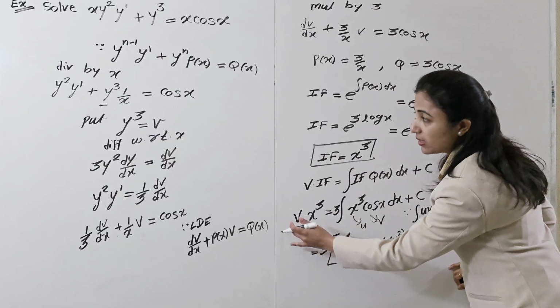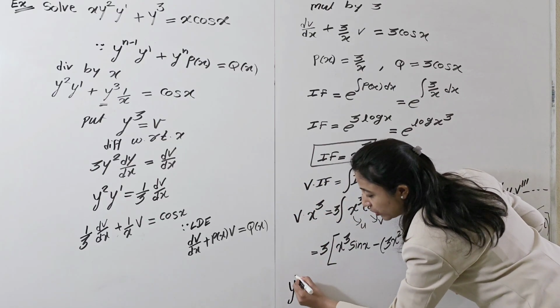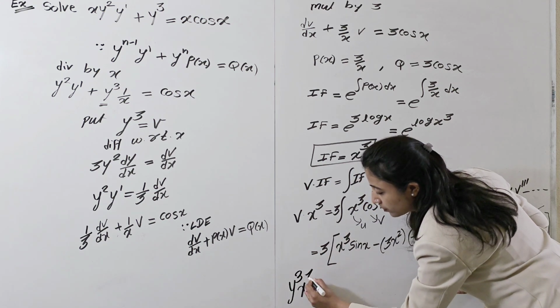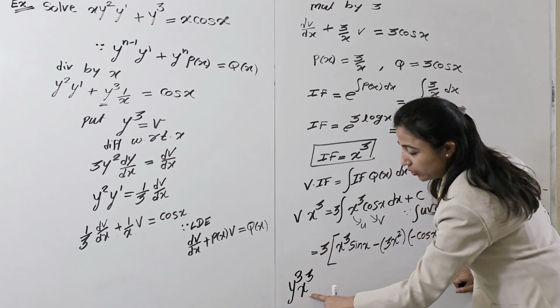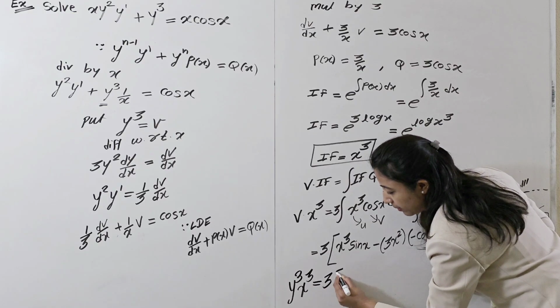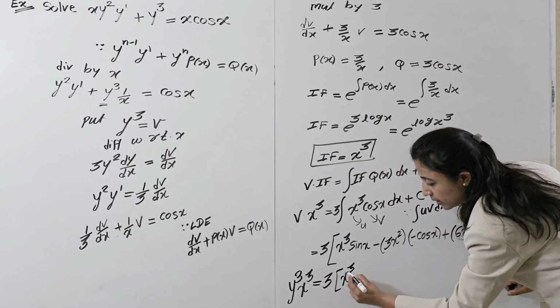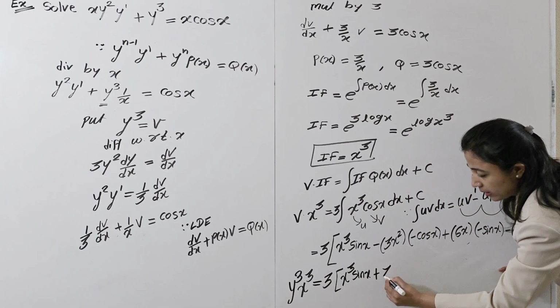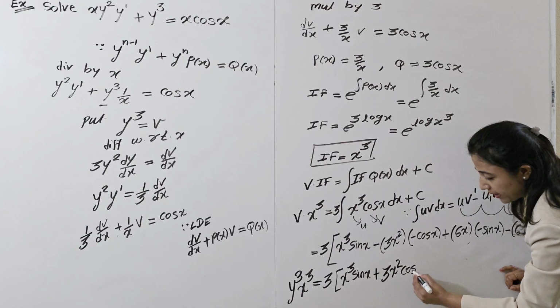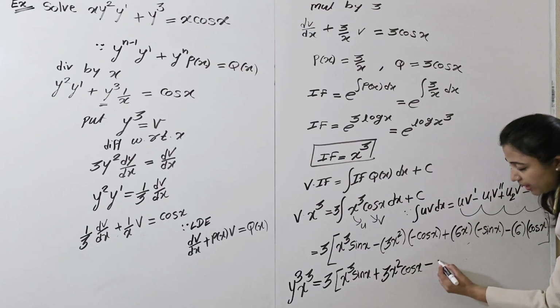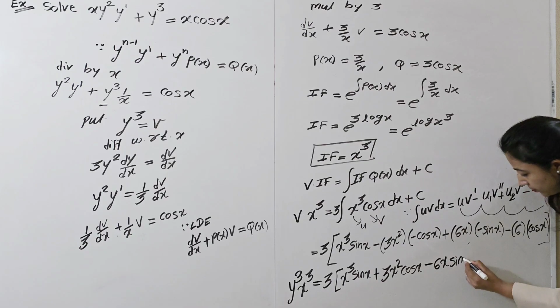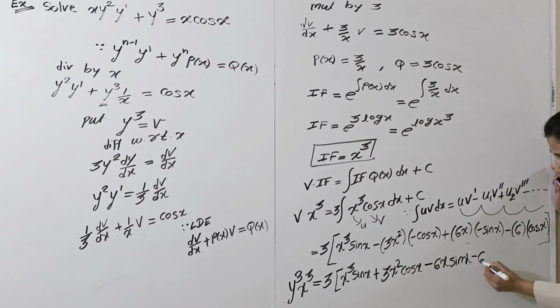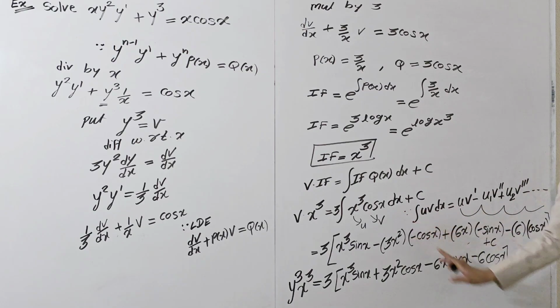So the left side is v into x cube, so y cube x cube equals 3 times, in brackets, x cube sin x, minus and this minus become plus 3x square cos x, then minus 6x sin x, and minus 6 cos x, plus integrating constant c.